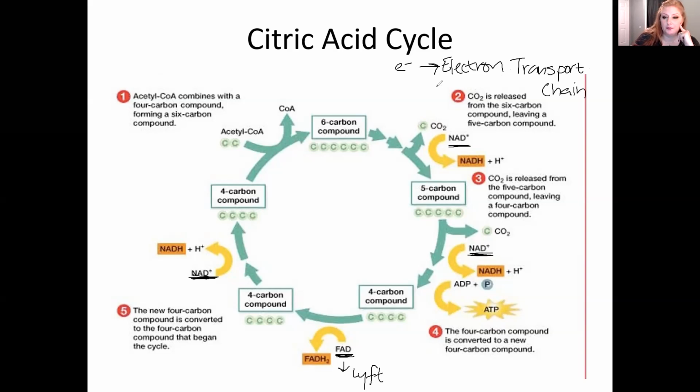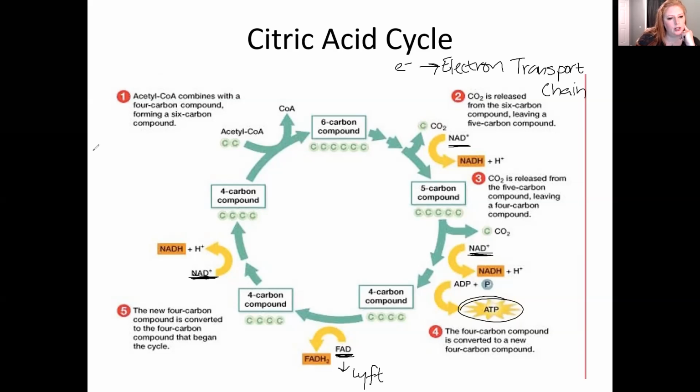Okay, so anyway, that's where the electron carriers are going, right? The last thing I want you to see here is that we do get a little tiny bit of ATP right there. We get 1 ATP.